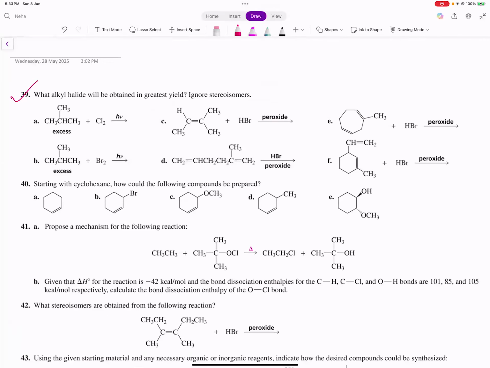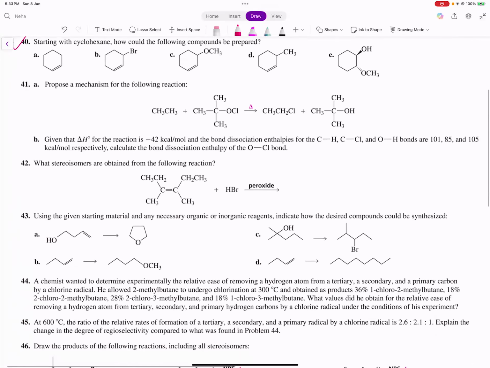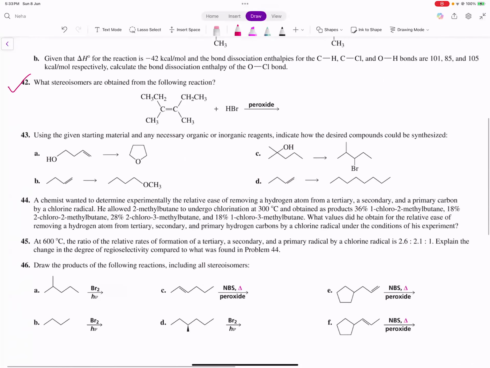So again, 39, 40, 42, 43. See, this is a cyclic ether. So if I add HBr peroxide here, I'll get a bromine here. Then I add sodium and generate an O minus Na, and then an intramolecular Williamson, RO minus and RBr.